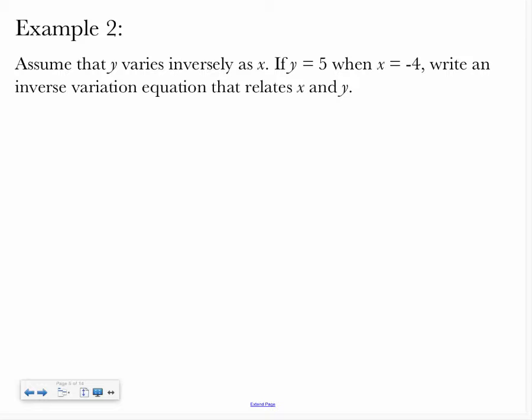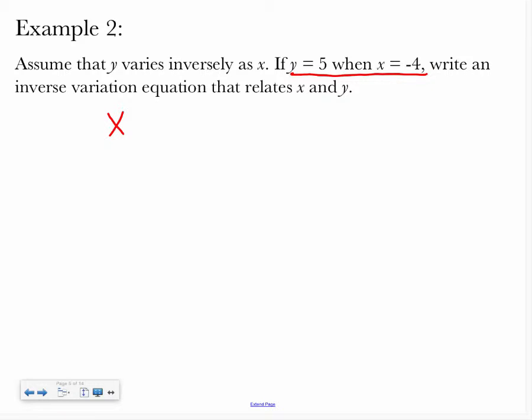Let's take a look at our second example. We want to assume that y varies inversely as x. Okay, so we're assuming it's an inverse variation. If y equals 5 when x equals negative 4, write an inverse variation equation that relates x and y.